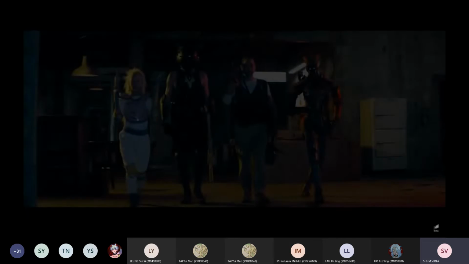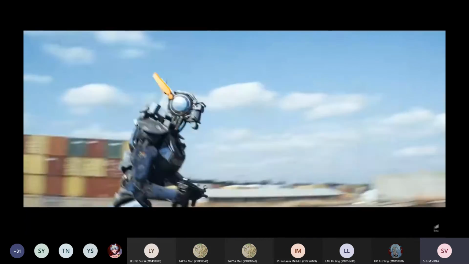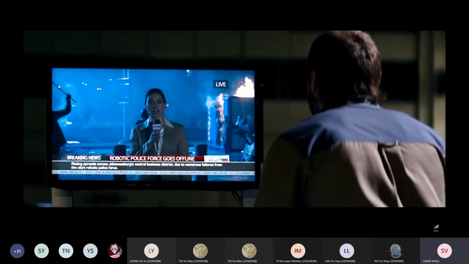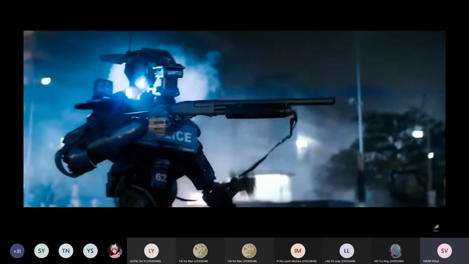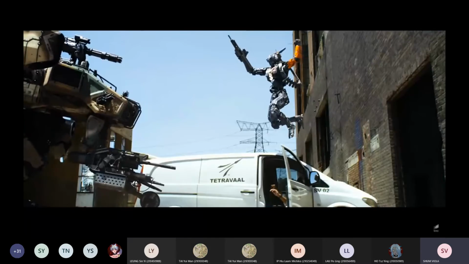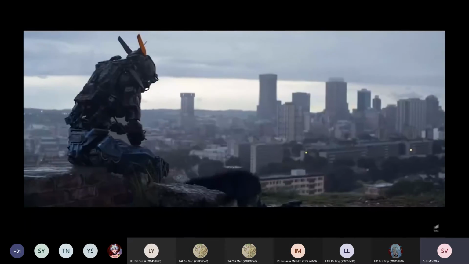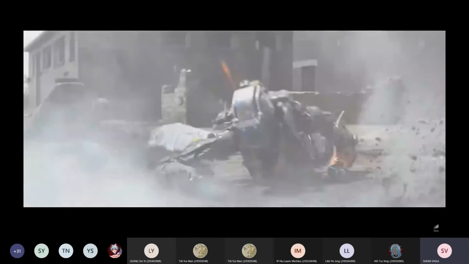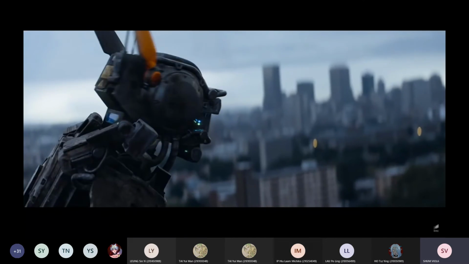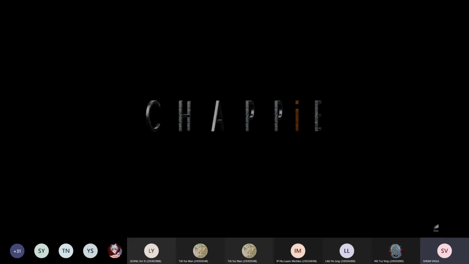I want to live. If you want to survive, Chappie, you must fight. Mayhem downtown as police have begun shutting down. You are my people. You think you're real? You don't get away with this. He's special! I am consciousness. I am alive. I am Chappie.